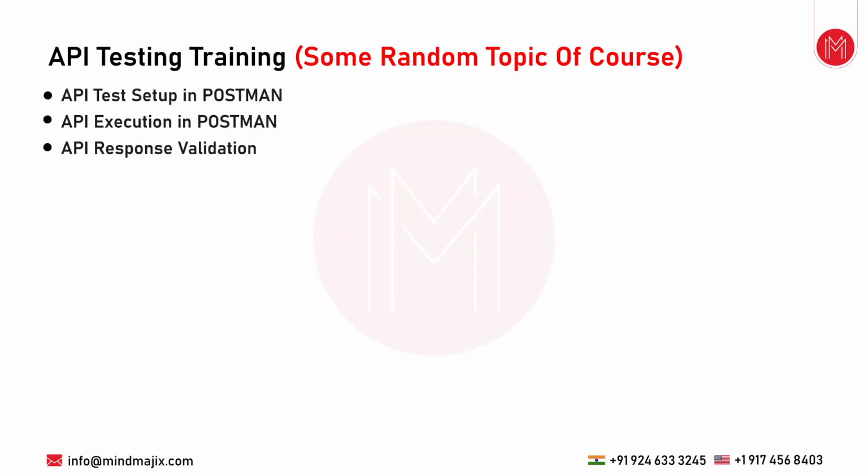Some topics of this course: we would be talking about the API test setup in Postman, then API execution in Postman, because after doing the test setup, we should be aware of how we are going to execute each and every individual API.